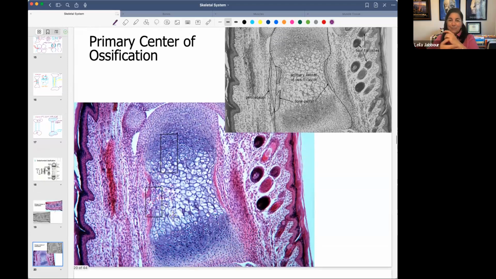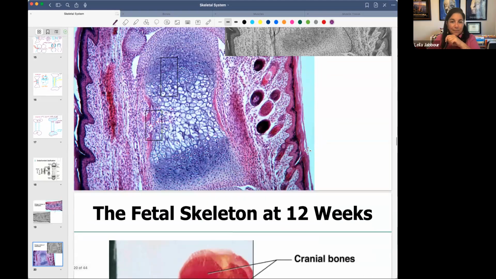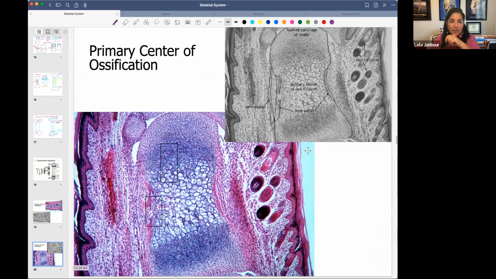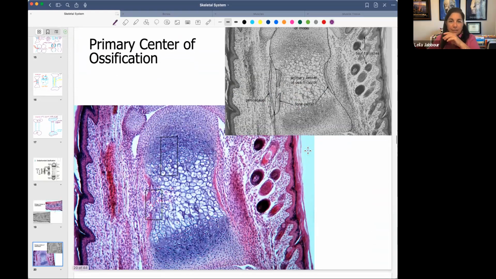I forgot I had this bigger view of it. We're not going to see it in the next slide, but that's close-up enough. You see, you have your beautiful hyaline cartilage over here. This is normal hyaline cartilage. And then this is the center of ossification.